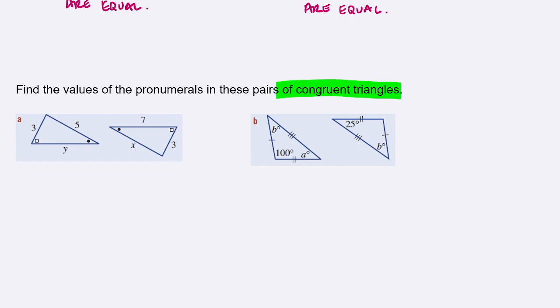So that means we want to match up some pairs. If I want to find the value of x, there's x, its corresponding side in the other triangle is 5. So x equals 5 because they are the matching pair of sides.